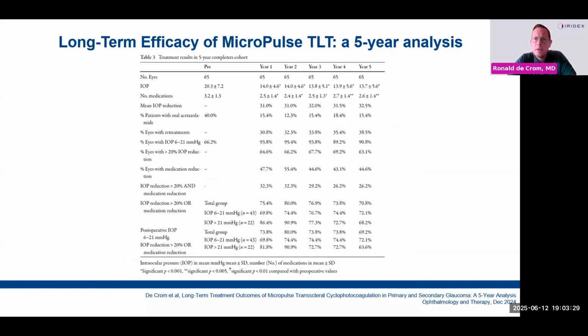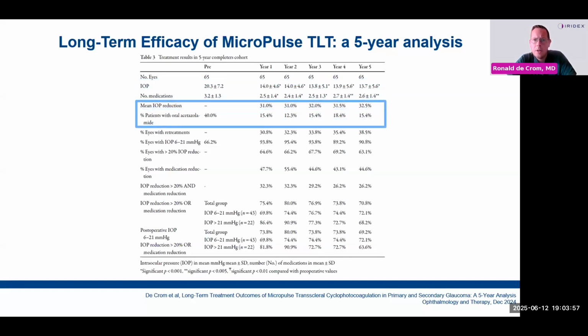If we look at the 5-year cohort from our study, and we look at the patients who only received micropulse laser treatment, we can see that during the 5 years, the intraocular pressure became very low in comparison with preoperative levels, and the number of medications during the 5 years remained stable.